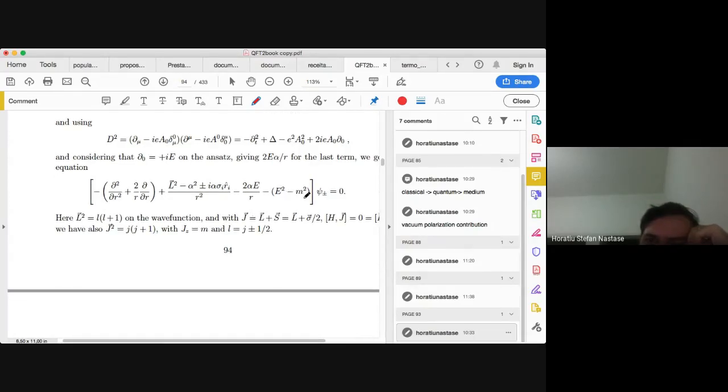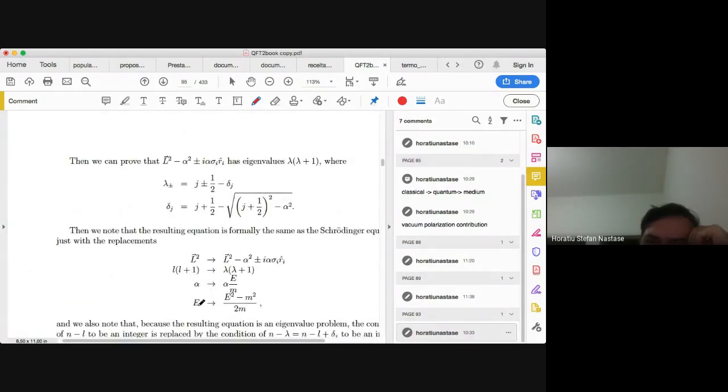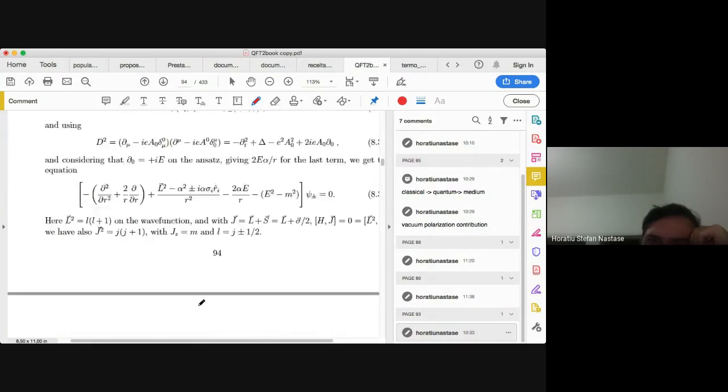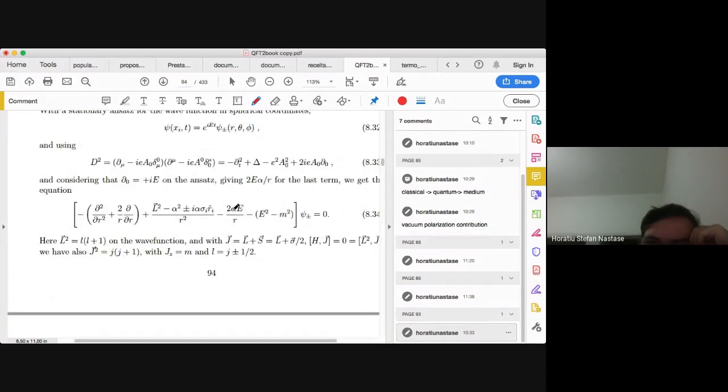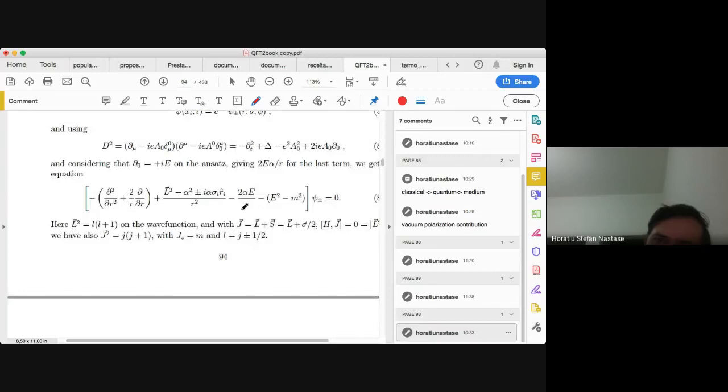And then E squared minus M squared over 2M is what corresponds to the energy E. And then here, to match what I had before, I should have this alpha E over M be corresponding to the previous alpha.